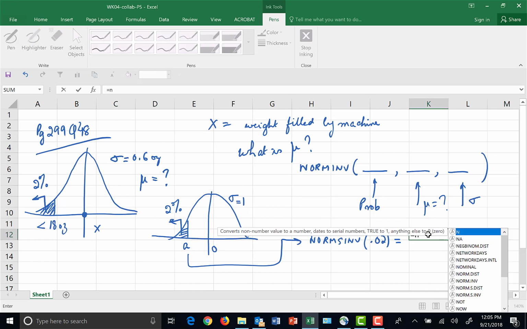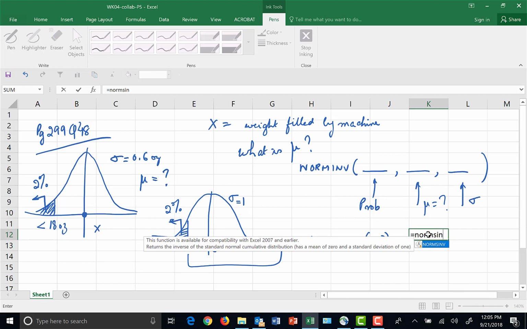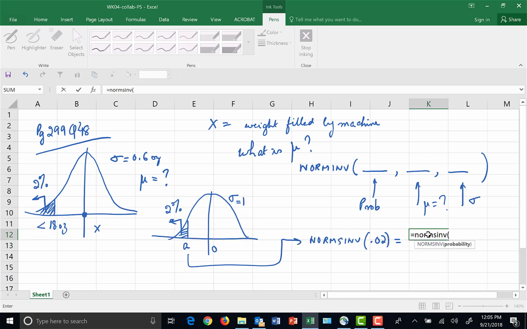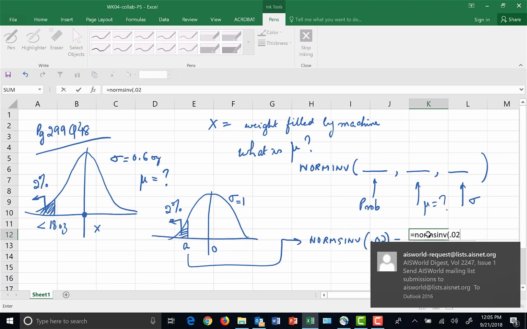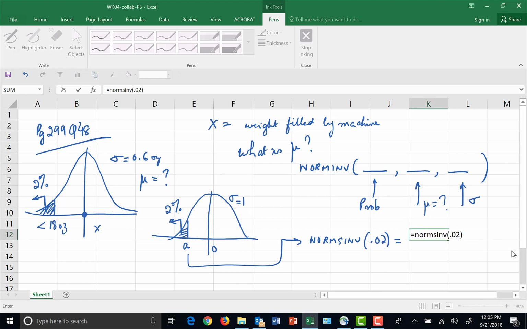Equal to norm S inverse of 0.02. Okay, so this is minus 2.05. So what does that mean? That means A is 2.05 standard deviations below 0.